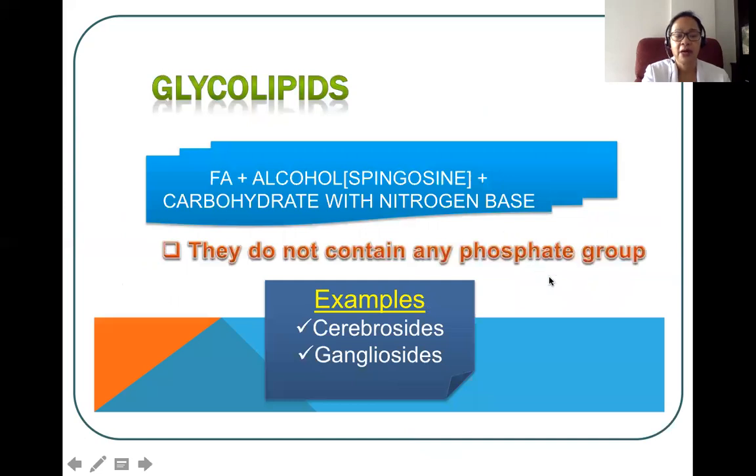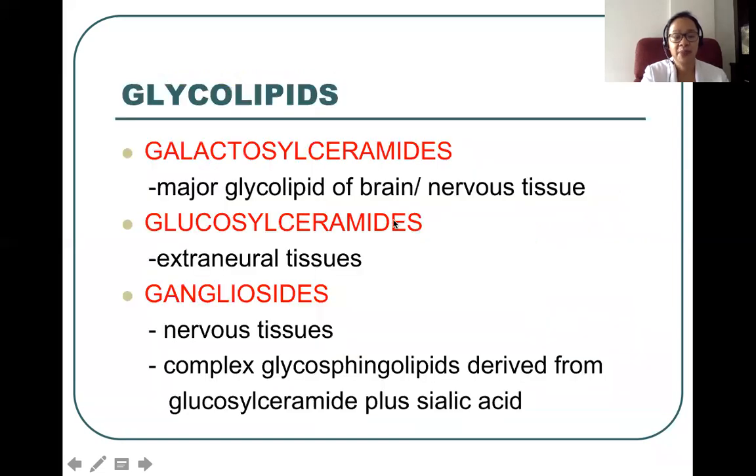So these are the examples. Okay, so it is a fatty acid with an alcohol, particularly the sphingosine, and a carbohydrate with nitrogen base. So galactosylceramides, they are major glycolipid of the brain.